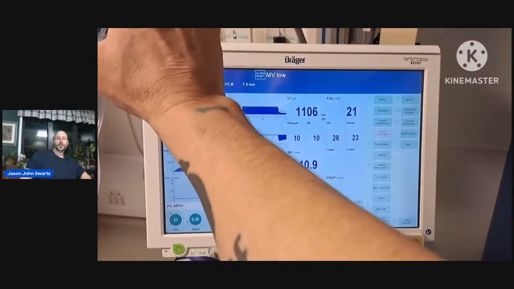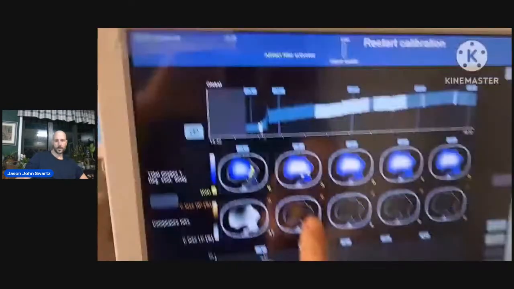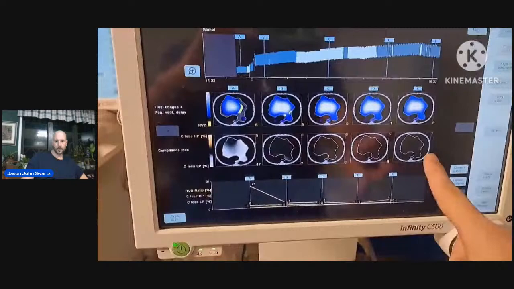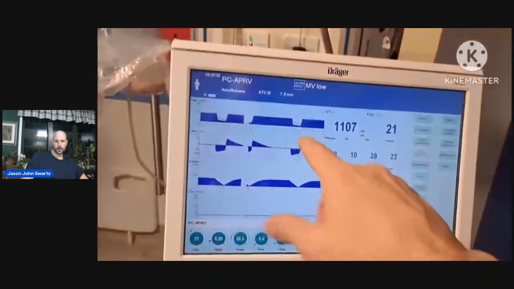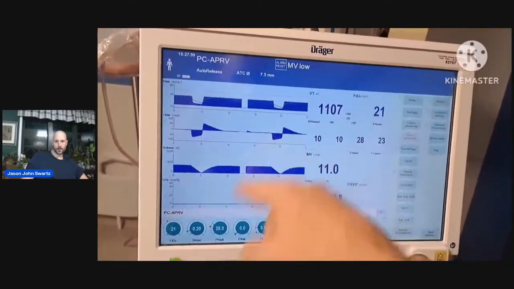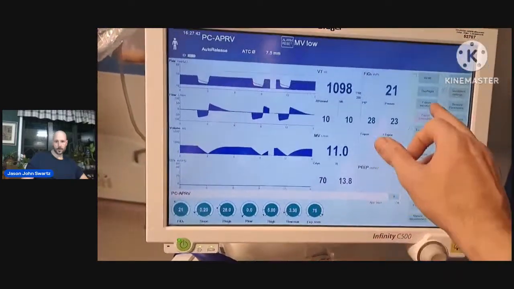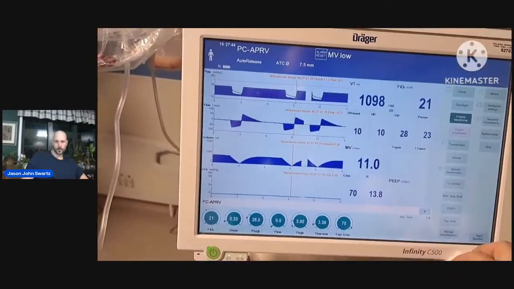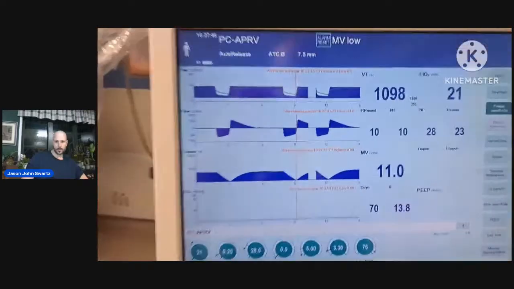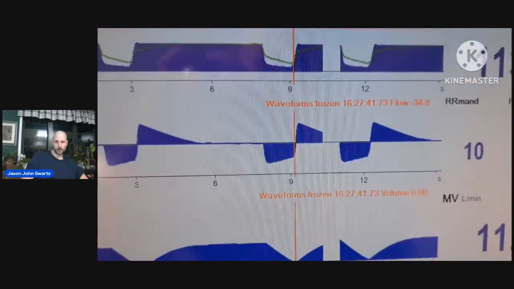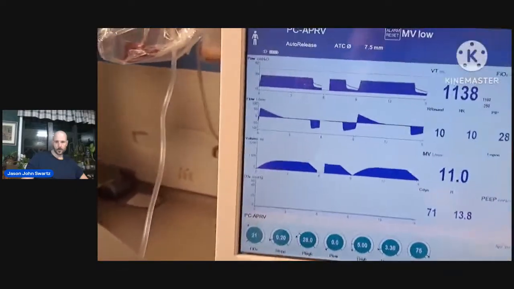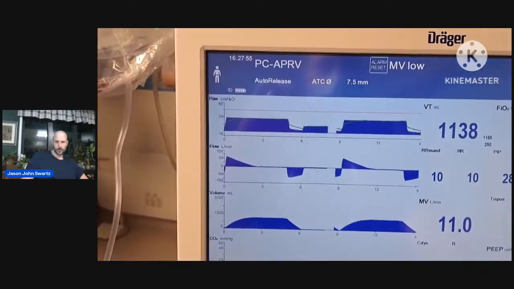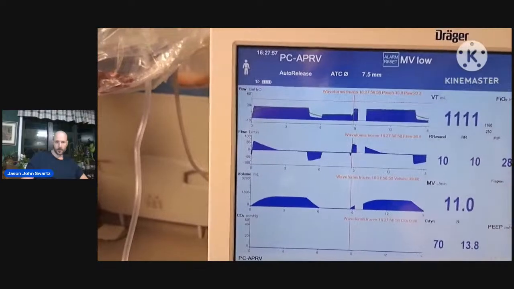This is a CPAP at 28, showing that at 28 there is no over distension when that lung is held at 28, and there is a brief release from the P high to the P low. This release is extremely brief because at no time does the flow ever approach zero.